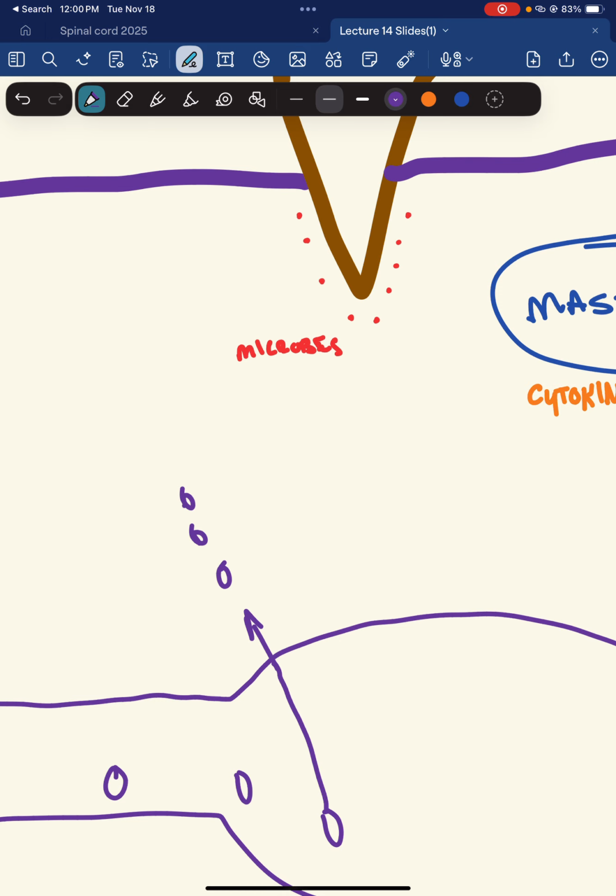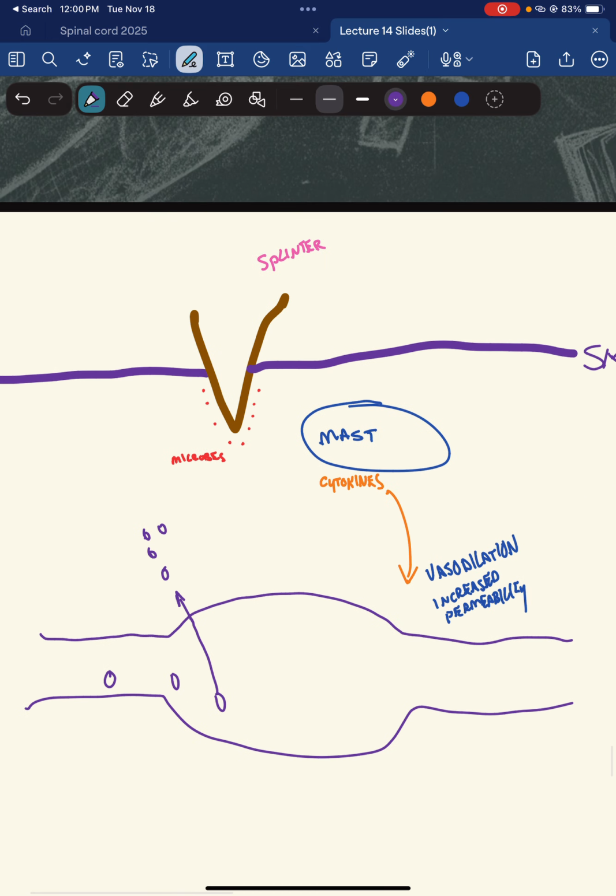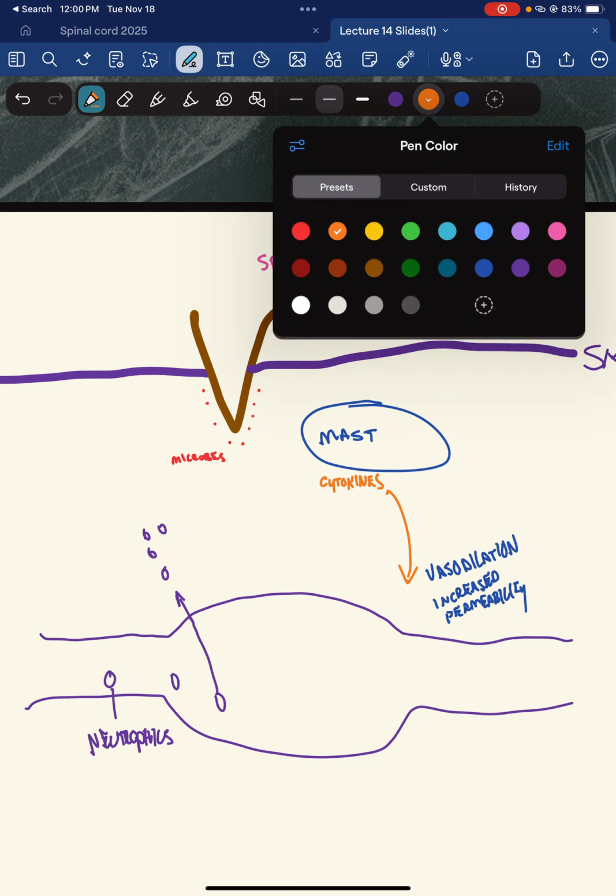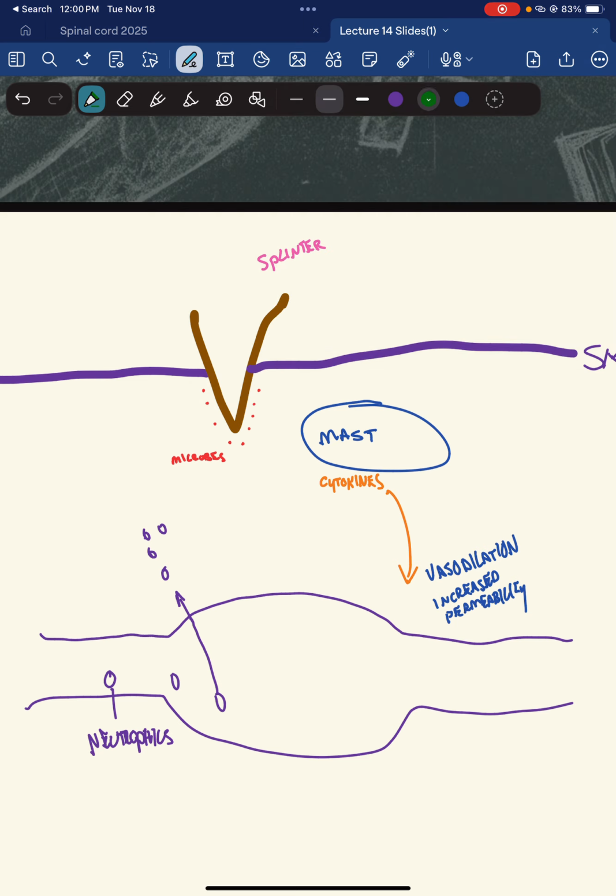Right? And this is a process, we're going to say that, known as extravasation. All right, so outside of the vessel, that's what extravasation refers to. And vasodilation and extravasation.